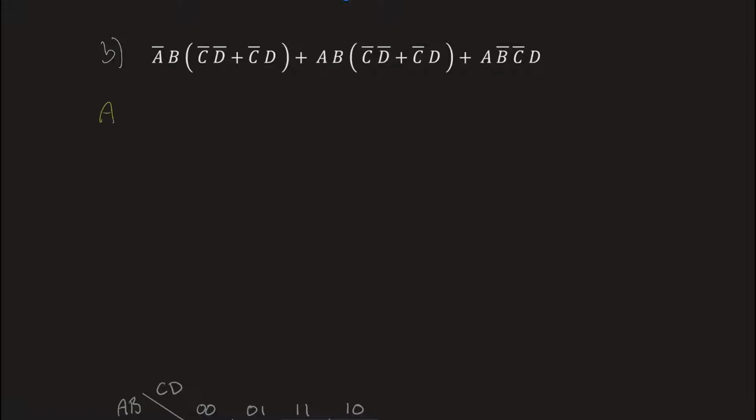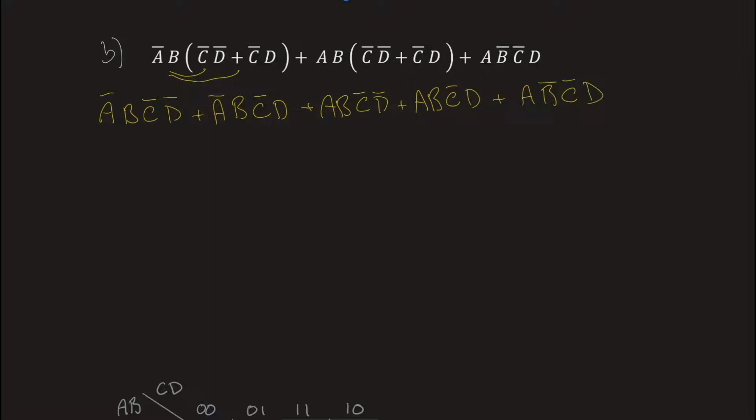That's going to give me A naught, B, C naught, D naught, or A naught, B, C naught, D. So I just multiplied that times that, and that times that. Over here, A, B, C naught, D naught, or A, B, C naught, D. And then finally we have A, B naught, C naught, D.